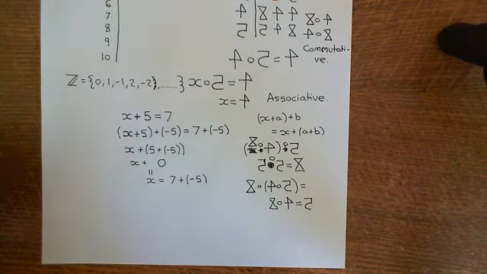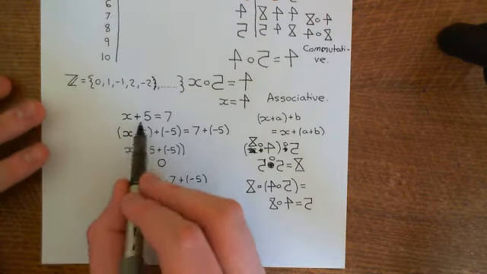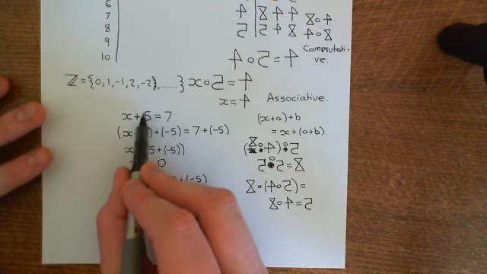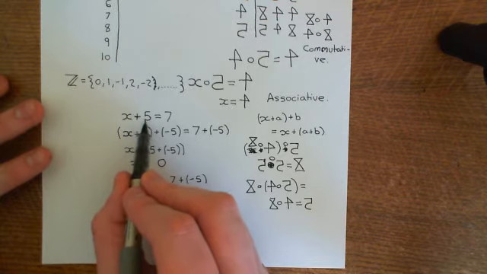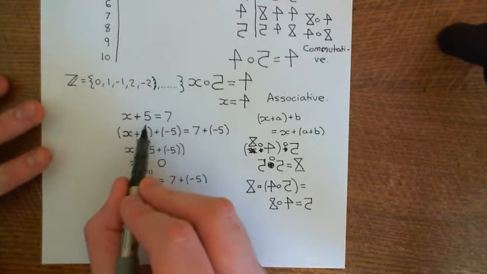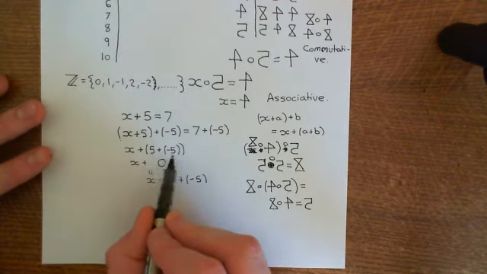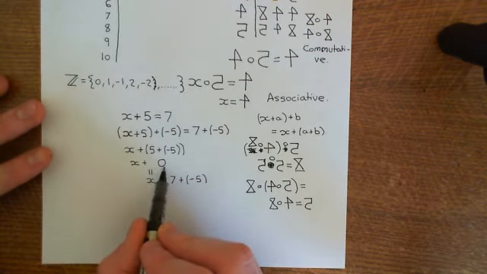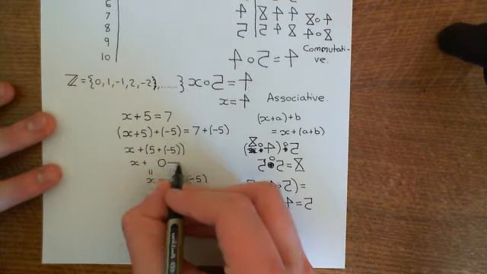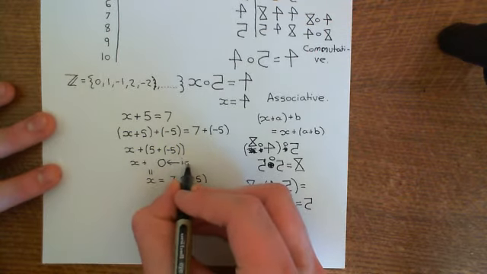So, what did we require here? We required that any symbol in the set, because we just picked 5 randomly, has an inverse, a symbol that you can compose it with to get to the identity. And we also require that there is an identity in the first place.